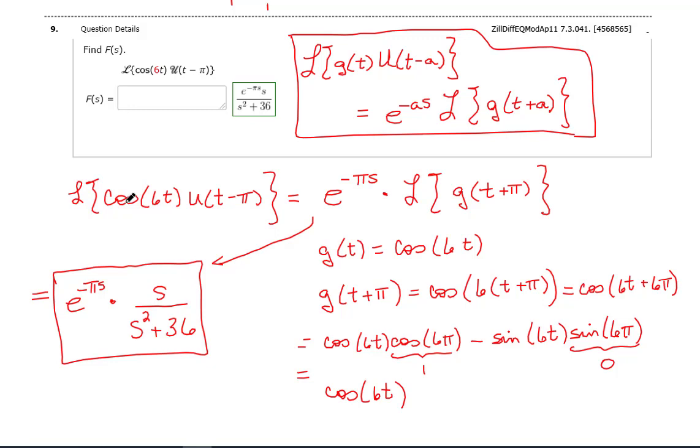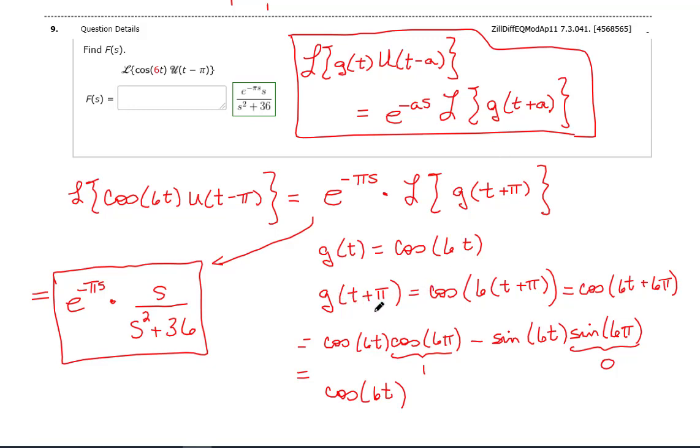So in this case, because of the u of t minus pi, I get e to the minus pi s, the Laplace transform of g. My g of t is cosine of 6t, but I'm plugging in t plus pi.